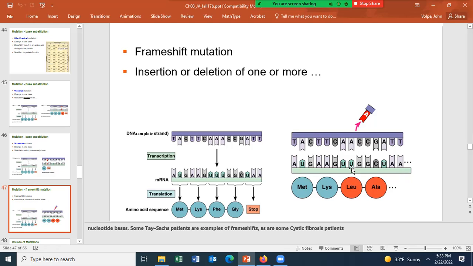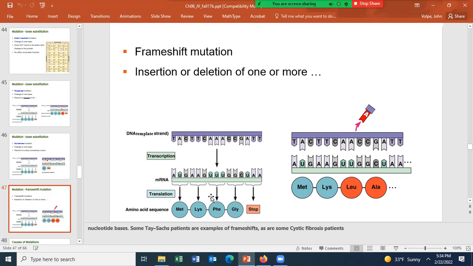When you add or remove one nucleotide, this codon is changed, but all subsequent codons are changed. And that happens whenever you insert or delete any number of nucleotide bases, except 3. If you were to remove UUU, it's not a frame shift mutation. It's a, what is that, a missense mutation?